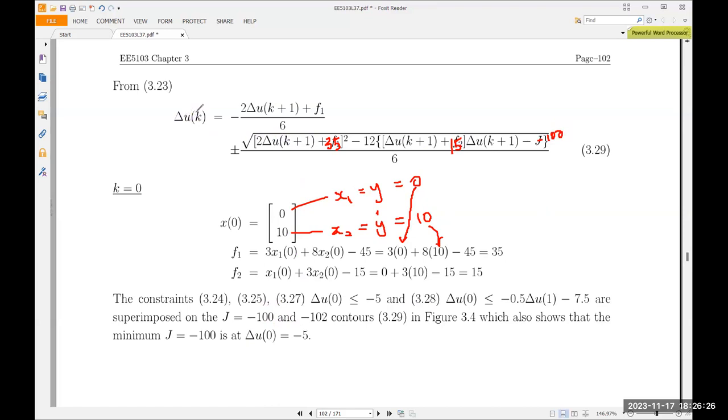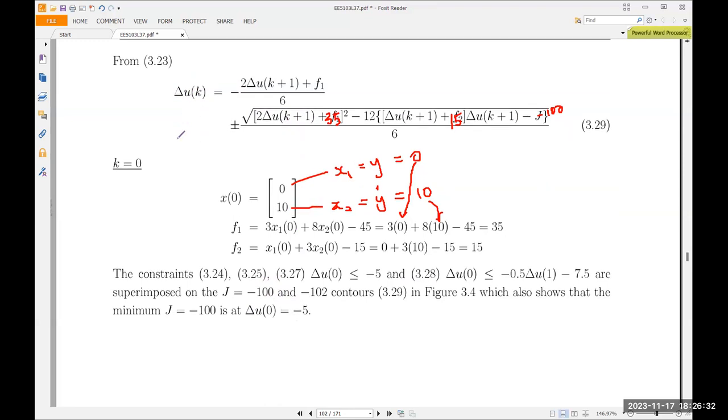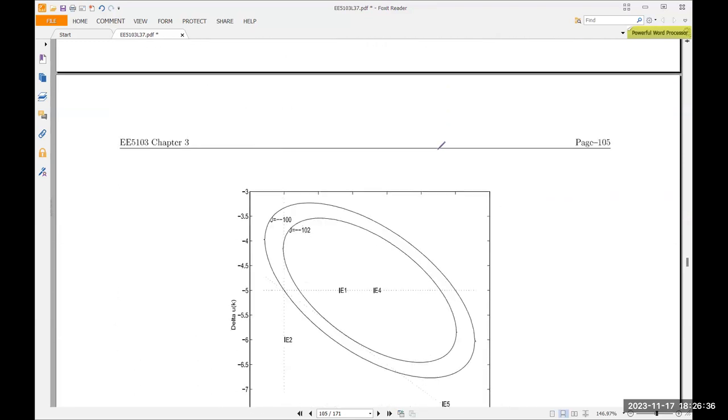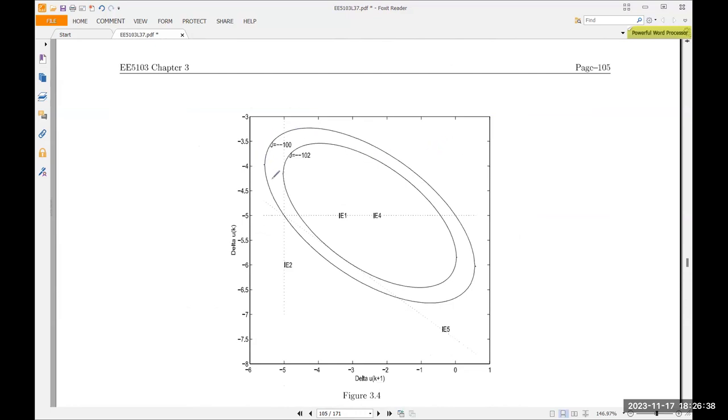If I do that, x-axis is delta u k plus 1, y-axis is delta u k. Using this number, for J equals to minus 100, I will get this circle here. Y-axis is delta uk, x-axis is delta uk plus 1.